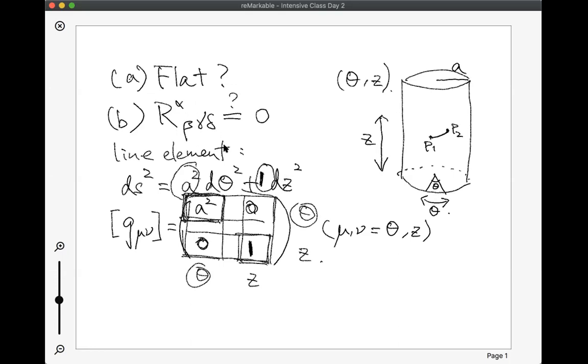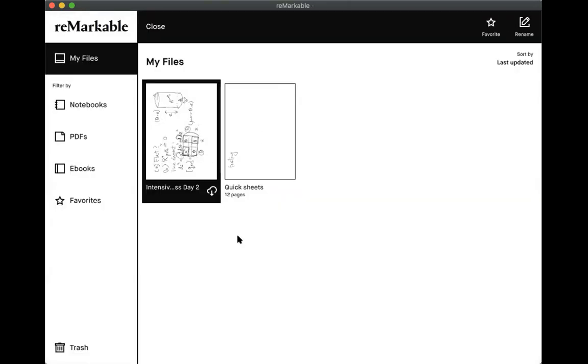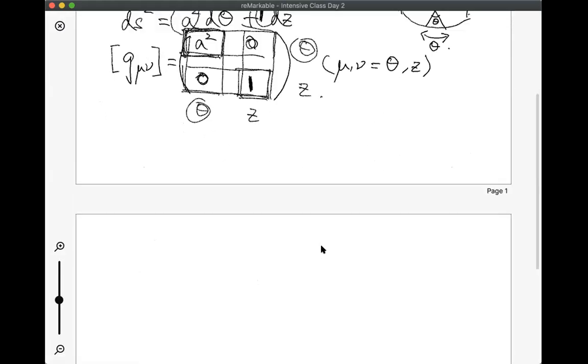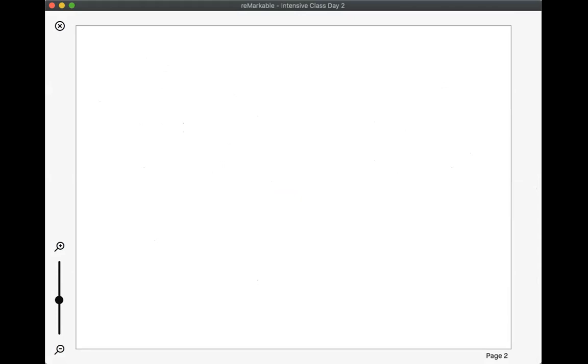We want to verify that the Riemann tensor here is 0, because we claim that the surface here is flat. So what can we say about the Riemann tensor just from this metric? Anybody?